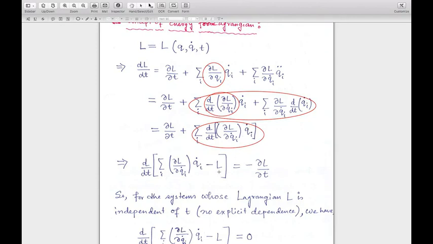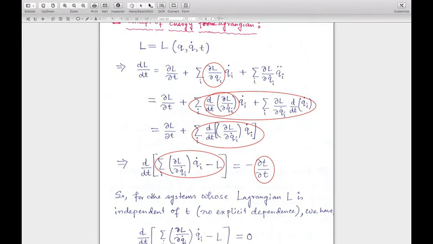And on the other hand, we can write that minus ∂L/∂t will be equal to d/dt of the summation over i of ∂L/∂q_i-dot q_i-dot minus L. This quantity is a constant of motion if the Lagrangian does not contain time explicitly. So you understand that if the Lagrangian does not contain one of the generalized coordinates, then the corresponding conjugate momentum is a constant of motion.